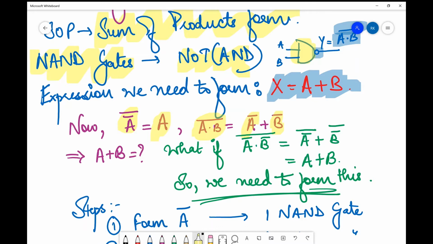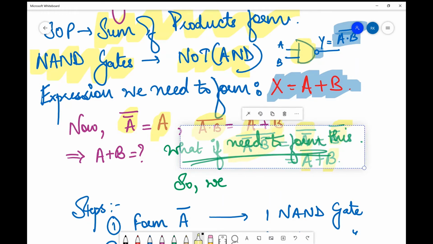But I need A plus B. So what will happen if I write A bar dot B bar whole bar? I'll get A bar bar plus B bar bar, which is A plus B. This is what we actually require.